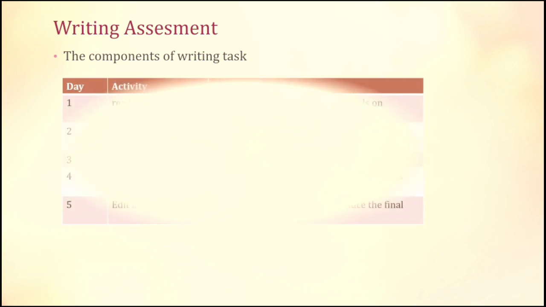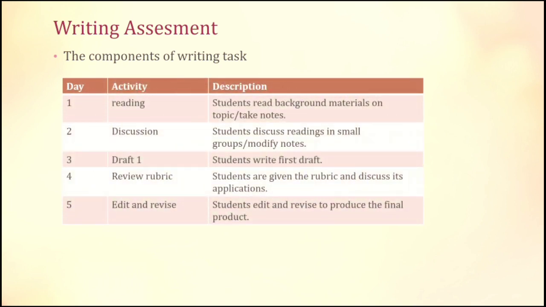And next is about writing assessment. There are some components in writing tasks. In day one, the activity is reading, and in this activity the students read the background materials on the topic or take notes. Day two, discussion.